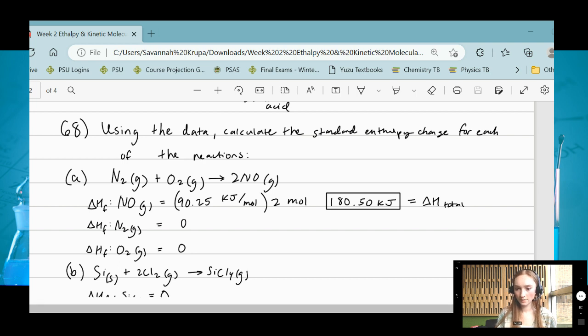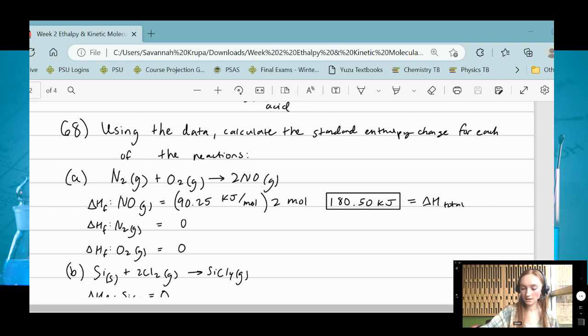So just looking that up in the table in the textbook, that's what you're supposed to do, gives us a value of 90.25 kilojoules per mole. And because we have 2 moles in this equation, we're going to multiply it by 2, and that gives us 180.50 kilojoules for this total reaction.